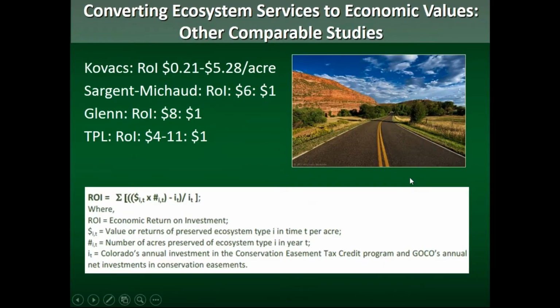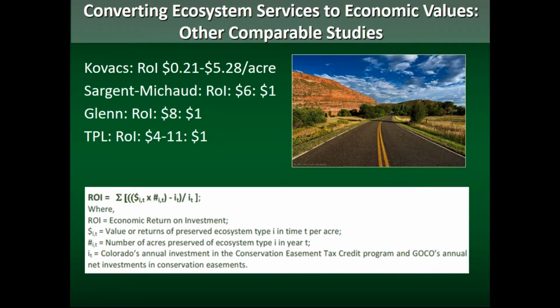The literature on this is supportive. There are a number of studies out there that try to do something similar. On a per acre basis, the return on investment in Minnesota was 21 cents versus up to $5.28, depending on the quality of the acreage. Sergeant Michaud, this is Trust for Public Land, found a 6-to-1 ratio.